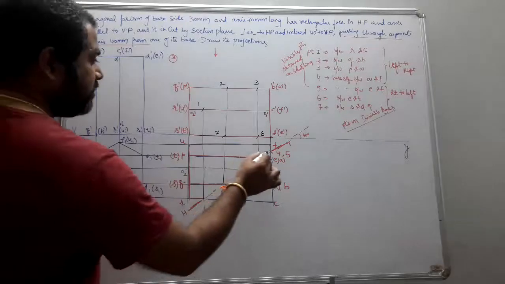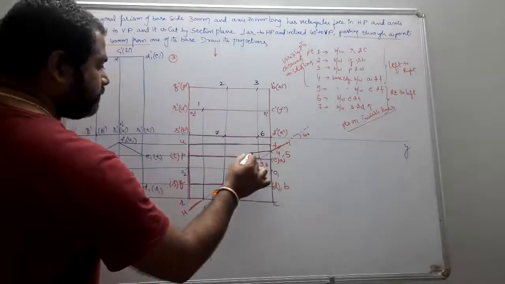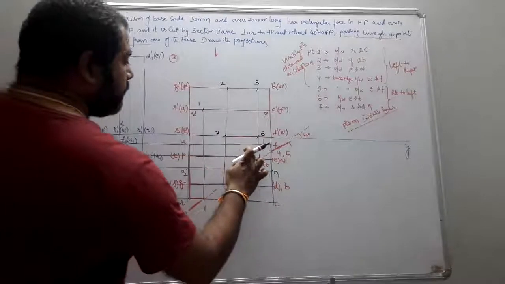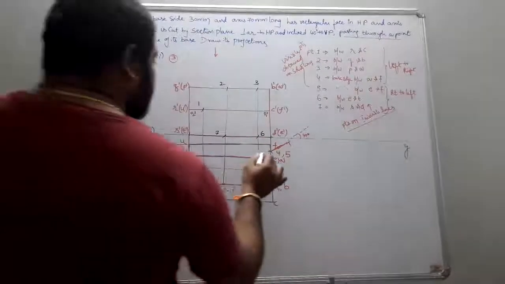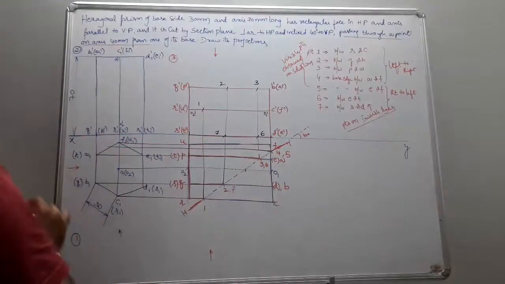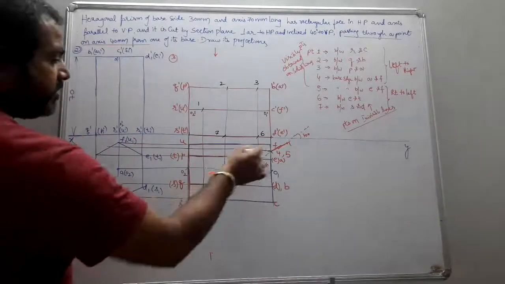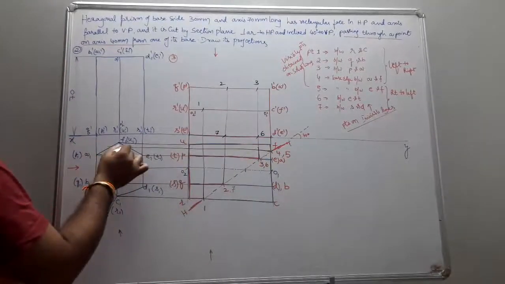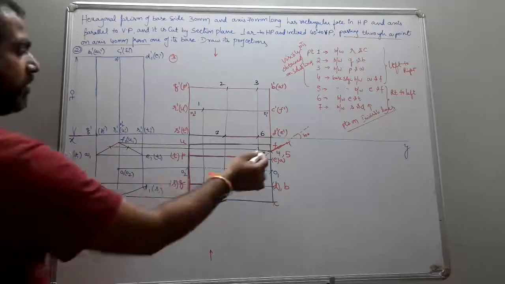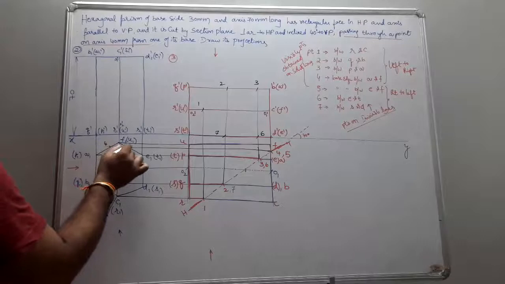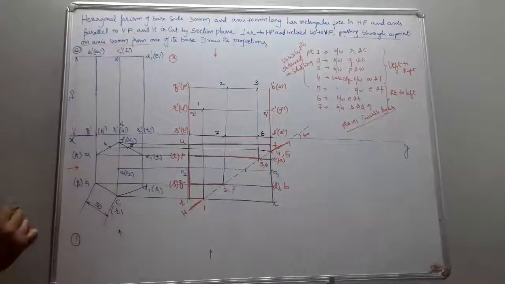I project these 4 and 5 to the respective base positions here and here. Why? Because point 4 is in between A and F, this is 4 and this is 5.